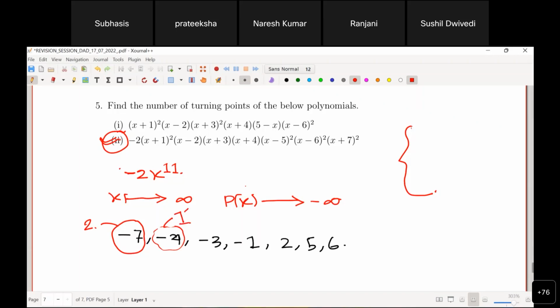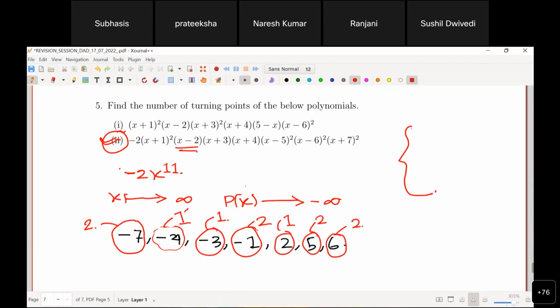Then the multiplicity of -3 is also 1. The multiplicity of -1 is 2. The multiplicity of 2 is 1. The multiplicity of 5 is 2. And the multiplicity of 6 is 2.